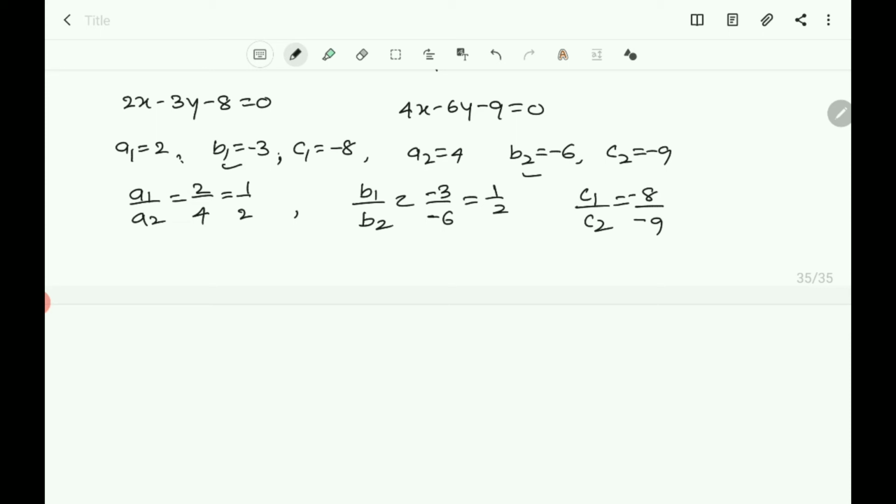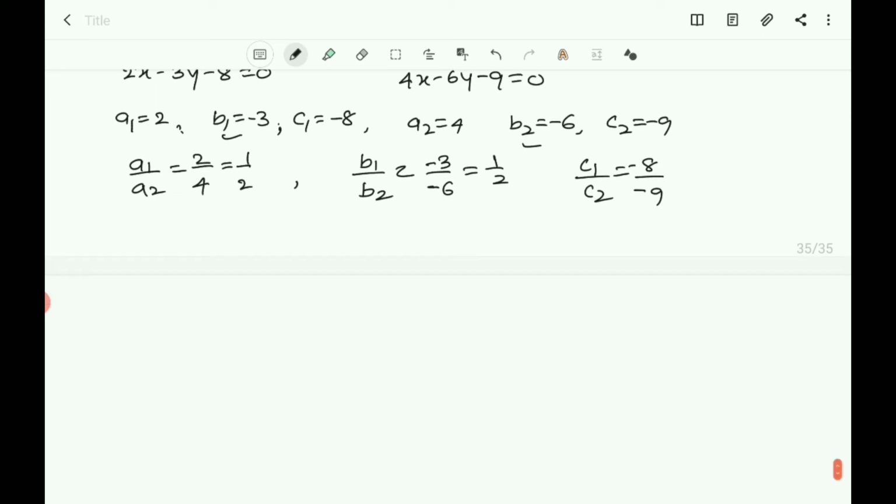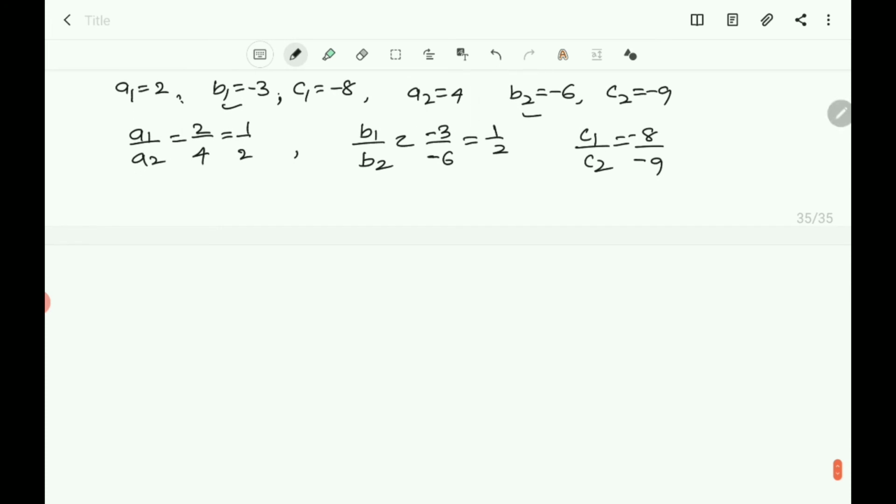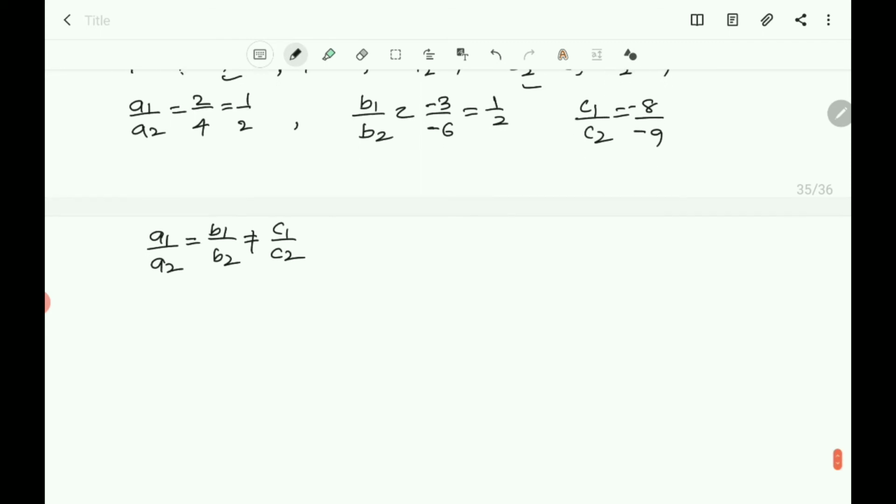Here you got a1 by a2 same, but c1 by c2 is different here. a1 by a2 and b1 by b2 are equal, but c1 by c2 is different, that is not equal to c1 by c2.